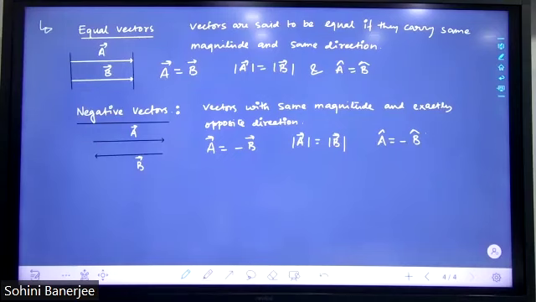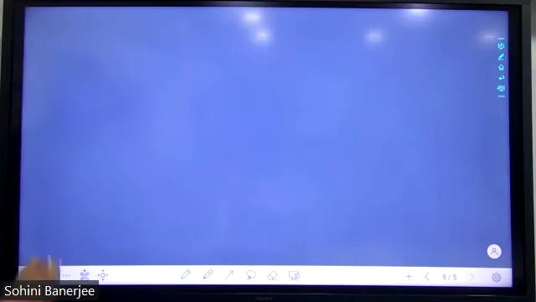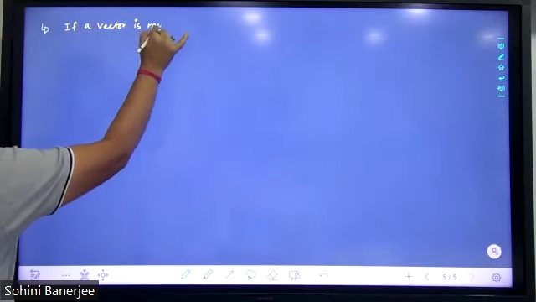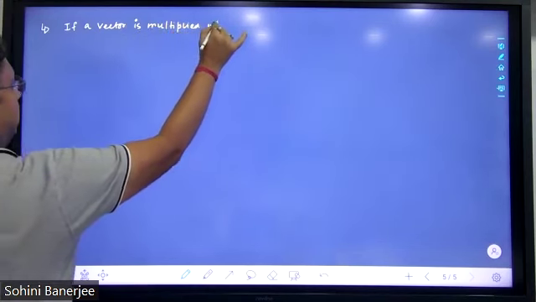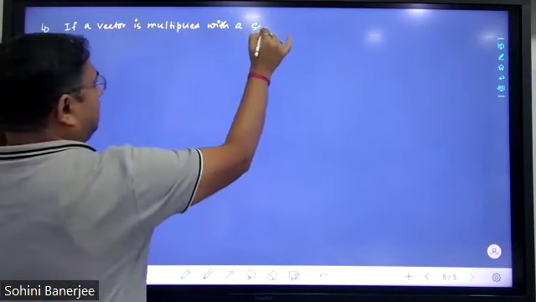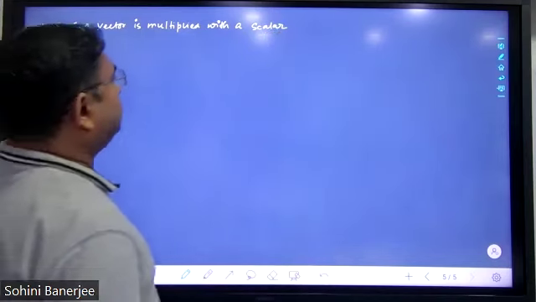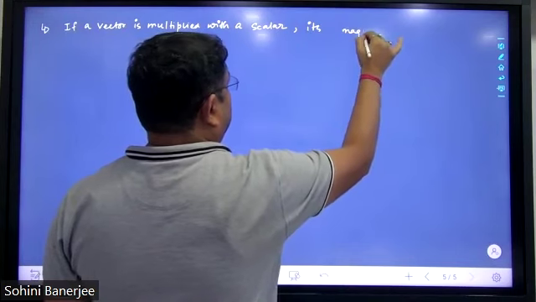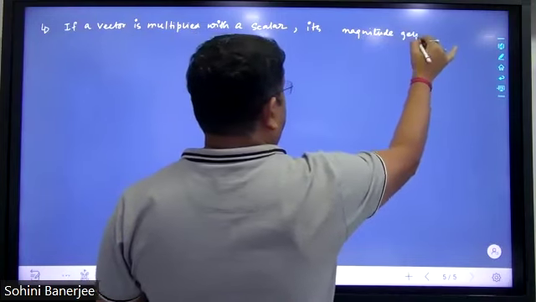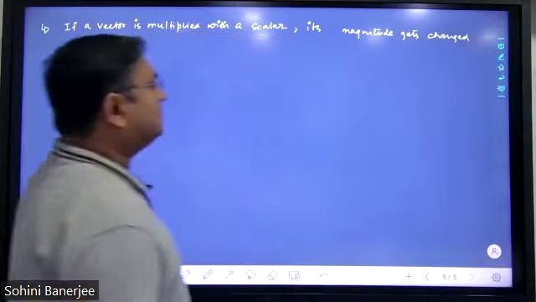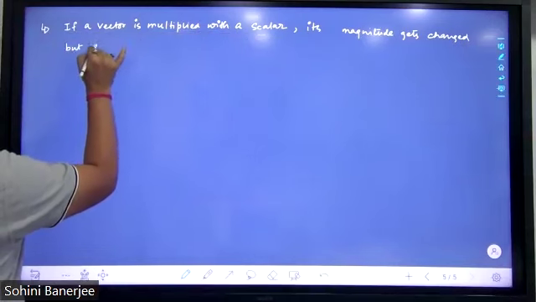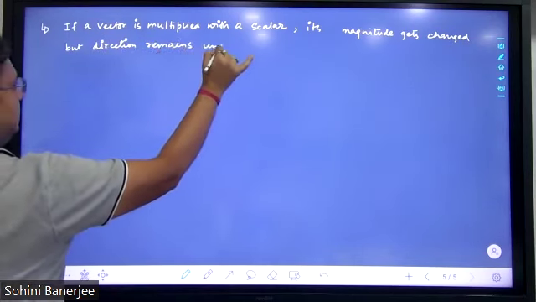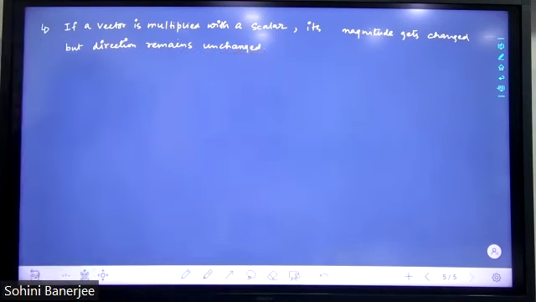Okay. If a vector is multiplied with a scalar, its magnitude gets changed, but direction remains unchanged.